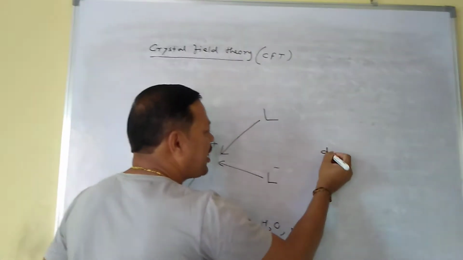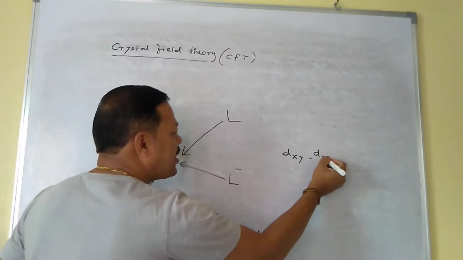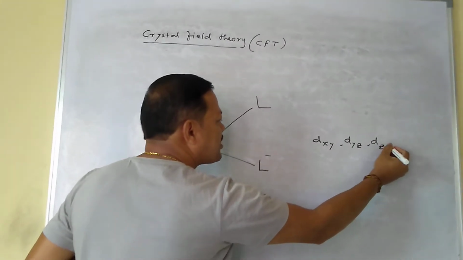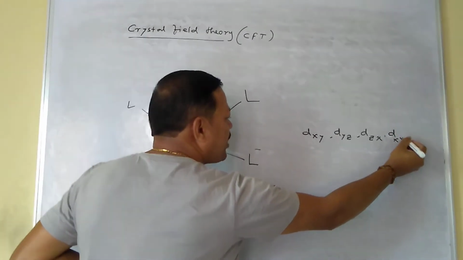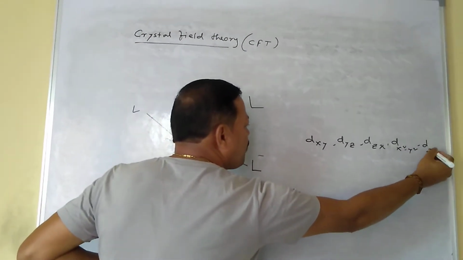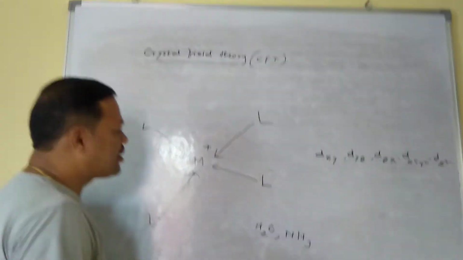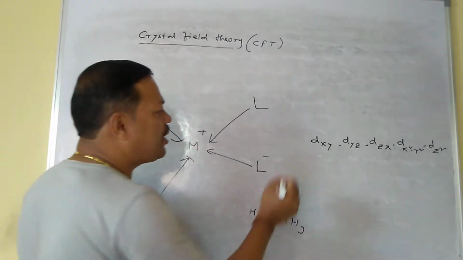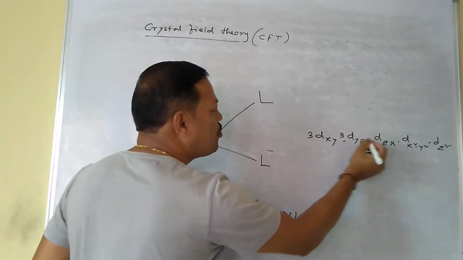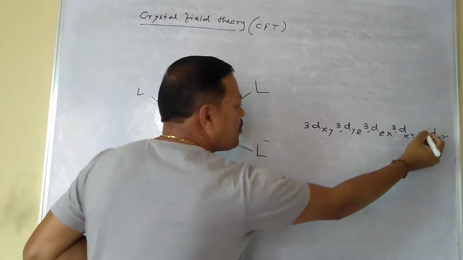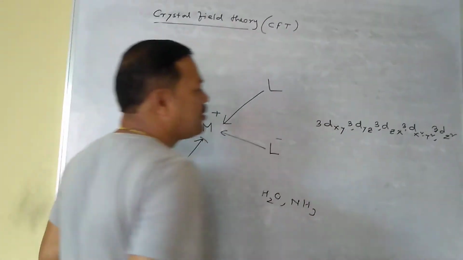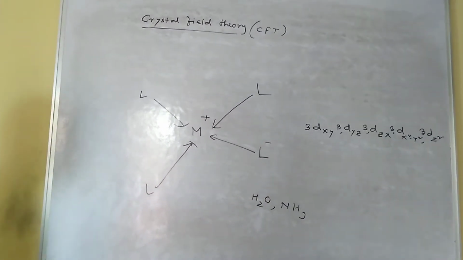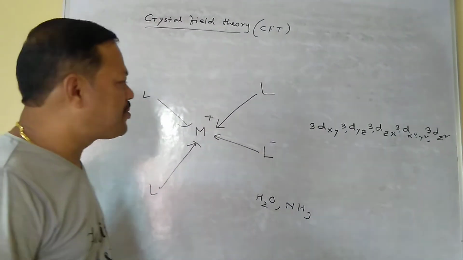One is called dxy, one is called dyz, one is called dzx, one is called dx square minus y square, and one is called dz square. These are the d orbitals. If the metal contains 3d orbitals, they are called 3dxy, 3dyz, 3dzx, 3dx square minus y square, and 3dz square. So these are the 5 d orbitals present inside the d subshell.